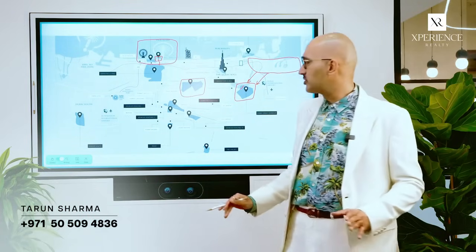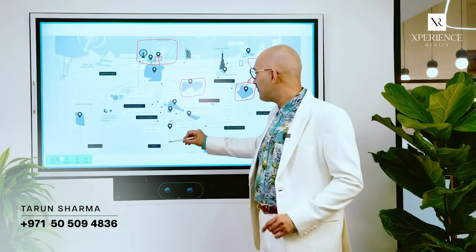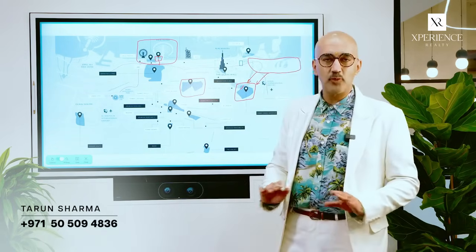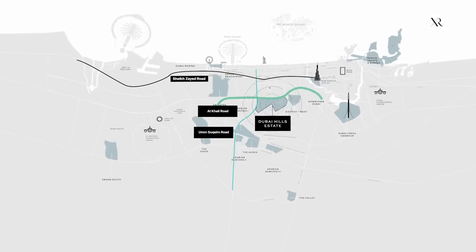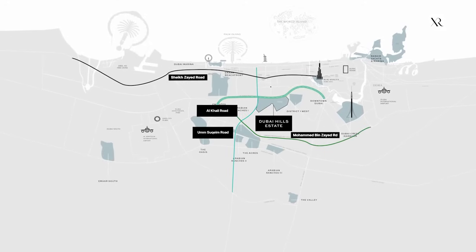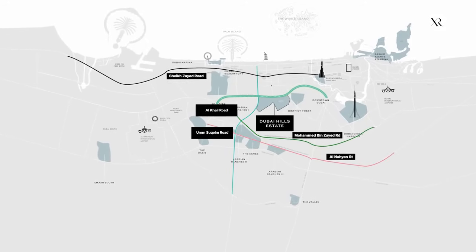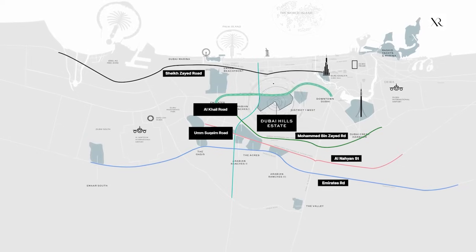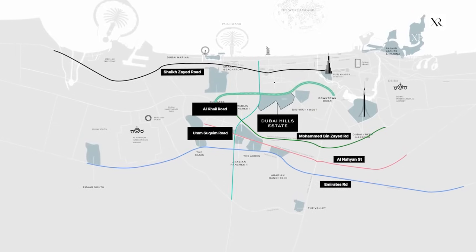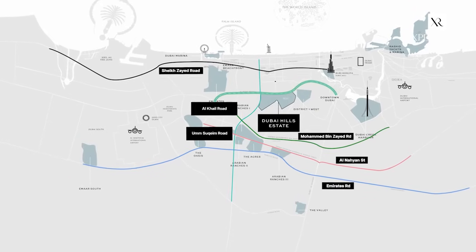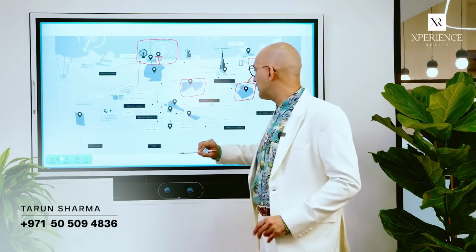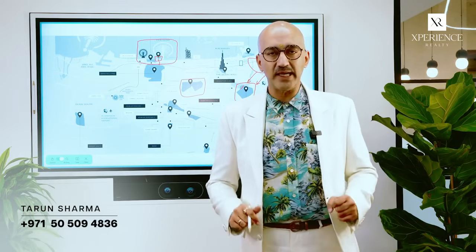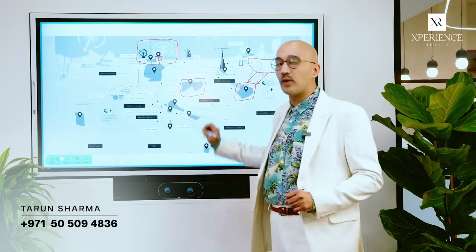Why Suqaim Street is significant is because it connects you to all the lifelines of Dubai, starting from Sheikh Zayed, then Al Khail, then Mohammed bin Zayed, then Zayed bin Hamdan Al Nahyan Street, and Emirates Road, making all destinations smoothly accessible and all returns calm and serene. Living in an urban living community, connectivity is a big plus point. Dubai Hills Estate has that going for it.